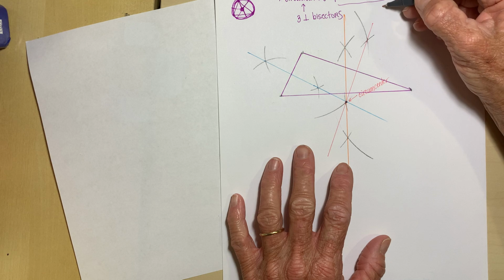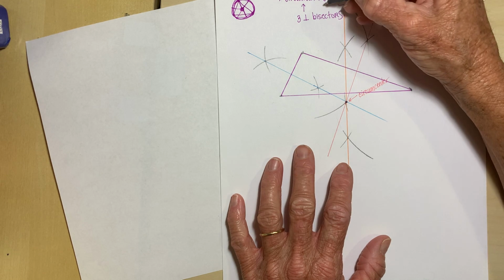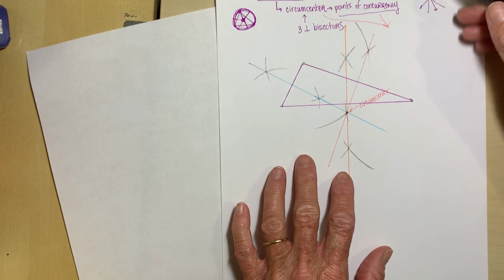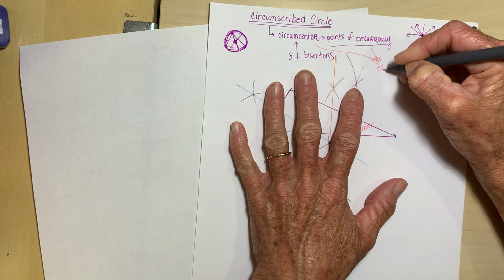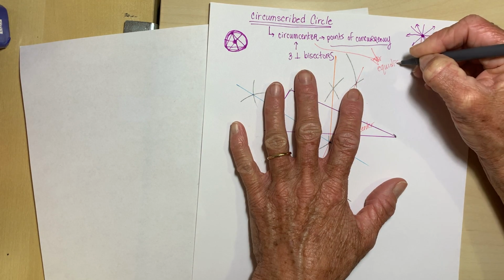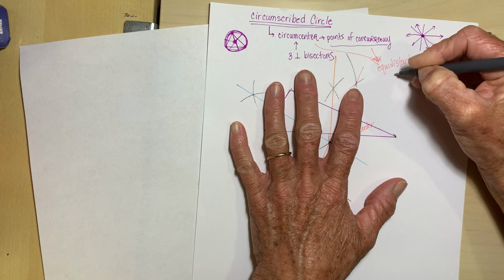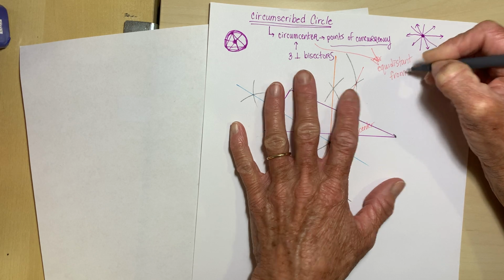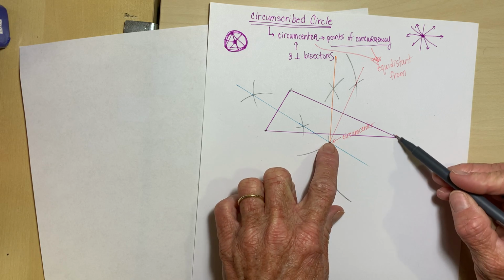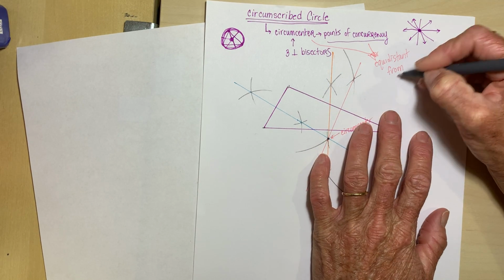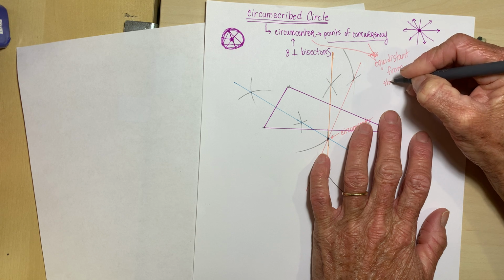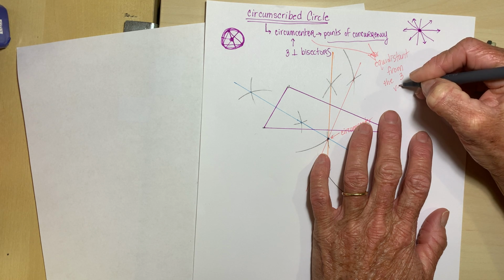All right, here's another important characteristic about our circumcenter. Our circumcenter is equidistant from the 3 vertices of the triangle, since it's the center of the circle and this circle passes through those 3 vertices.